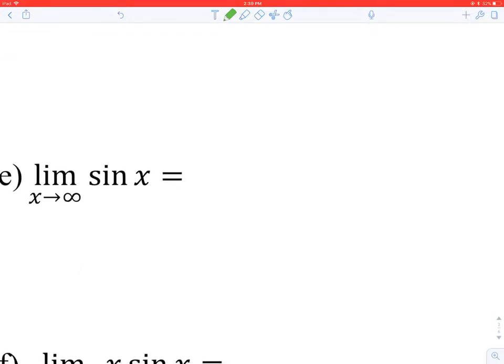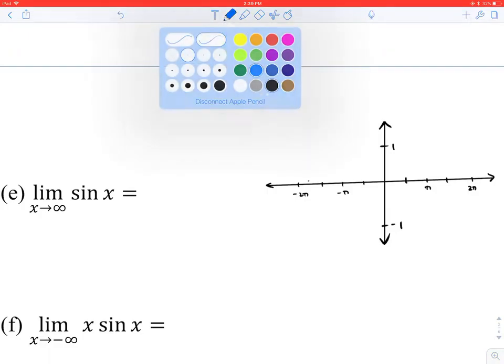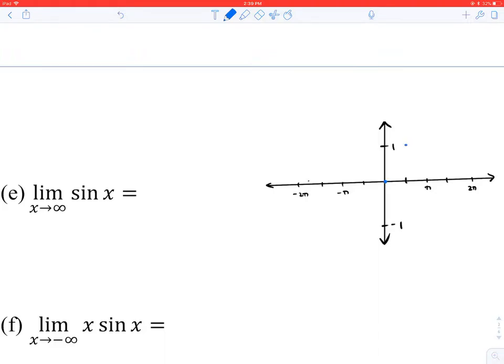Okay, so again, falling back on your pre-calc trig knowledge, let's think about the graph of sine. I'm just going to throw a sketch of the graph of sine on here. And remember that sine oscillates back and forth between 1 and negative 1.